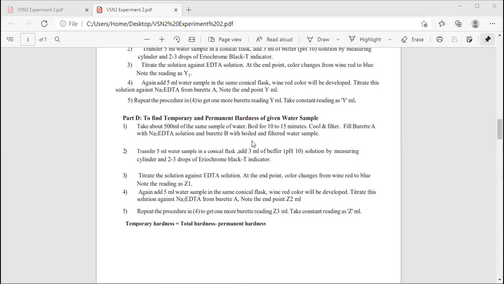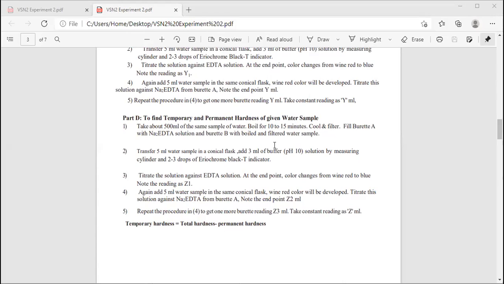So you have to find out the permanent hardness now. For that purpose, whatever basin water is there, you have to boil it for 10 to 15 minutes. You have to filter it and fill it in the burette, the filtered water which will have only permanent hardness.